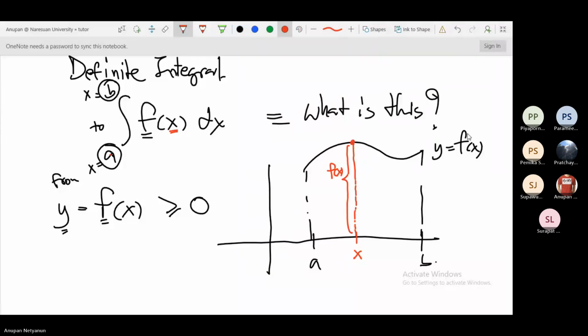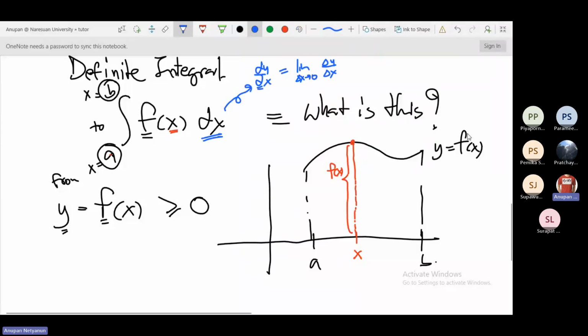Now, if you remember, I did talk about dx before. dx is coming from dy/dx. I showed you that dy/dx is the limit as delta x approaches 0 of delta y over delta x.